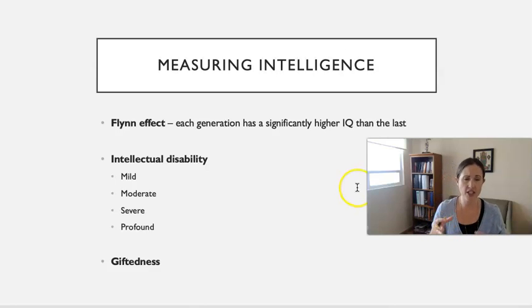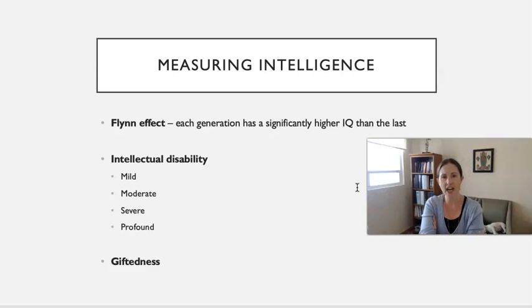So like every generation, they kind of have to change the scoring of it. The Flynn effect says that each generation has a significantly higher IQ than the last. It tends to go up about 5 points each generation, but the Flynn effect has just slowed down. Current generation not significantly smarter than the last, but generally speaking, it goes up.